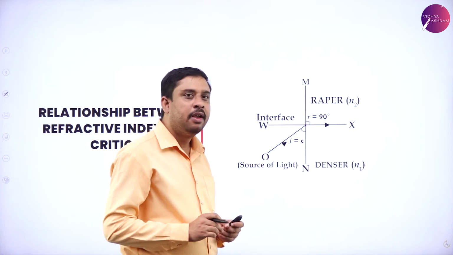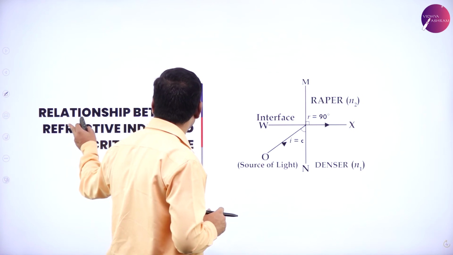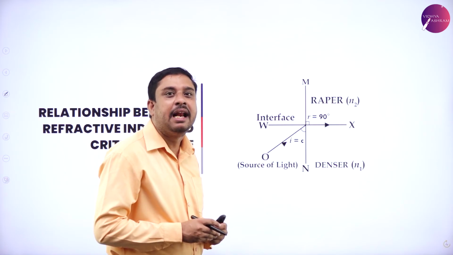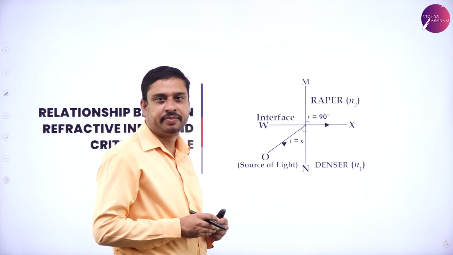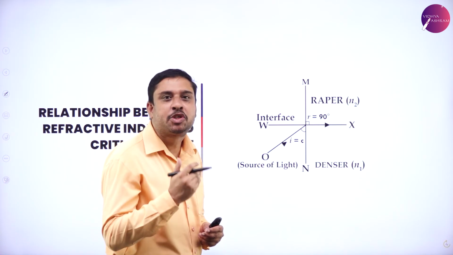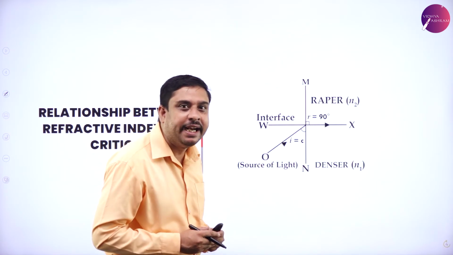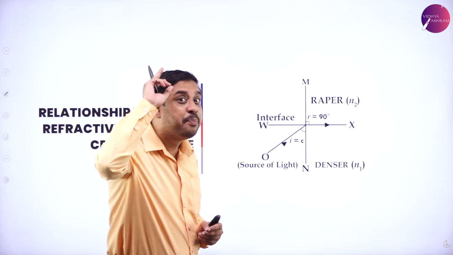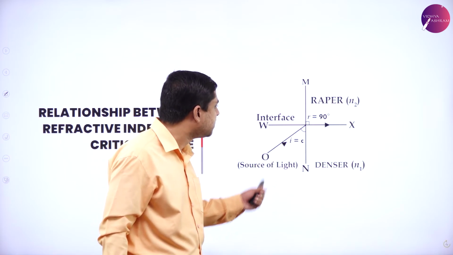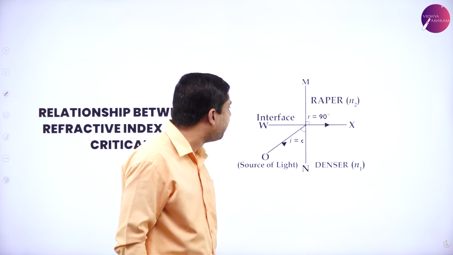Now, we will establish a relationship between refractive index and critical angle of a medium. Mathematical relationship between critical angle and refractive index. Snell's law. Refractive index is denoted by N. Same as before, consider the interface.